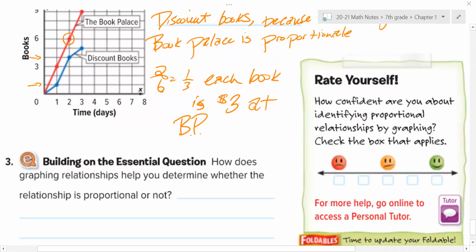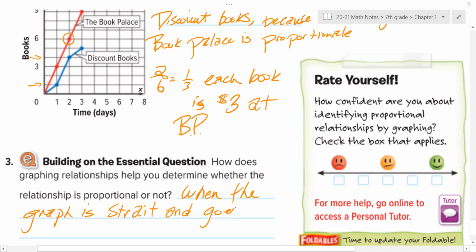So graphing relationships, how does graphing relationships help you determine whether the relationship is proportional or not? When the graph is straight and goes through the origin.